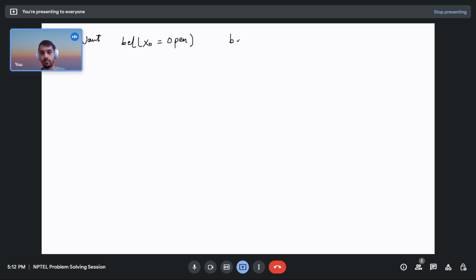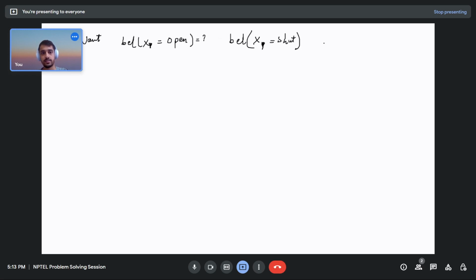We want it for both open and shut. The initial belief x naught is given to be 0.5. Let us say we want it after one time step.